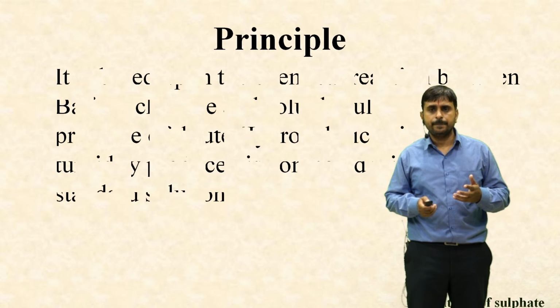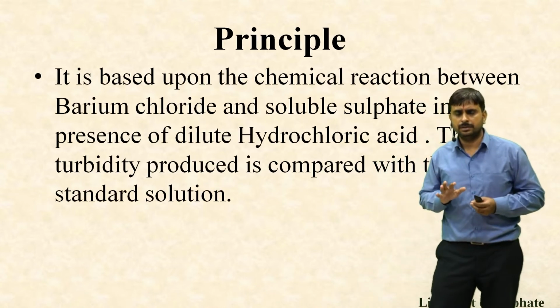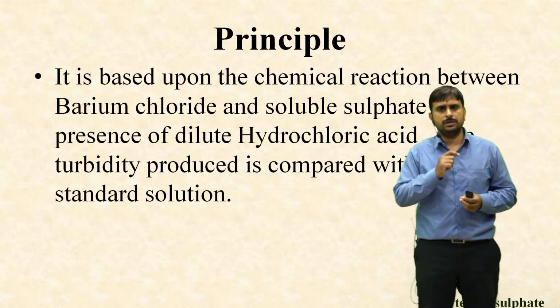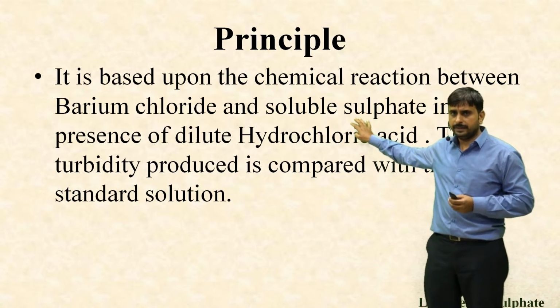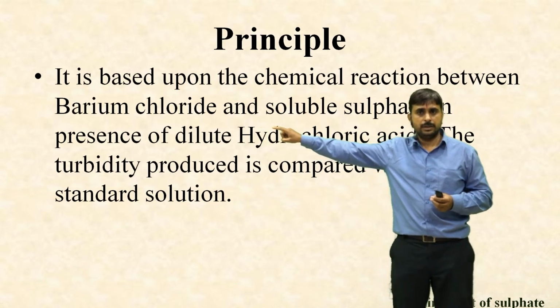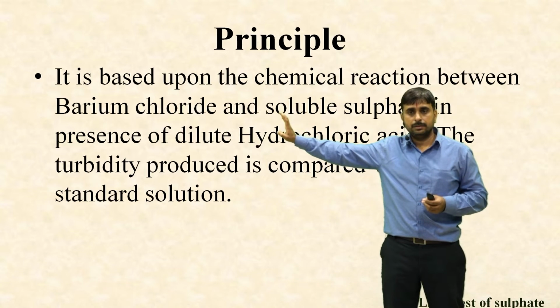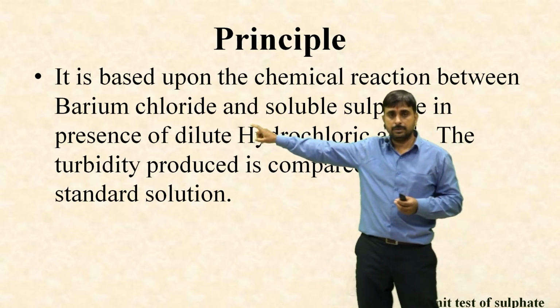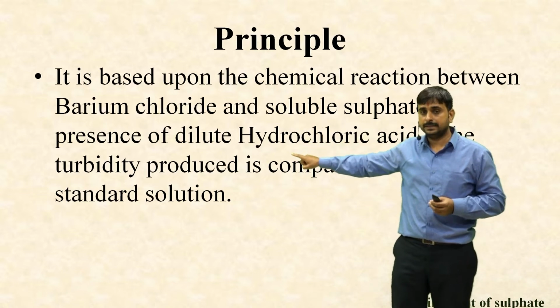The principle is also a chemical reaction, the same chemical process that we used in the chloride test. In the limit test of sulfate, we have a reaction between barium chloride and soluble sulfate in presence of hydrochloric acid.